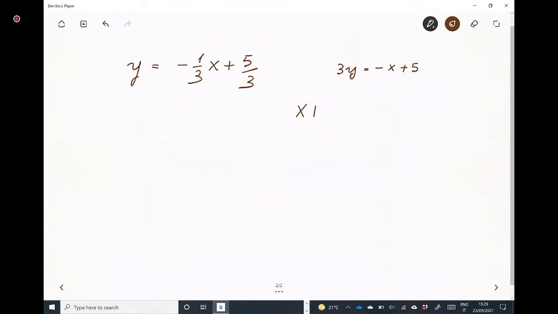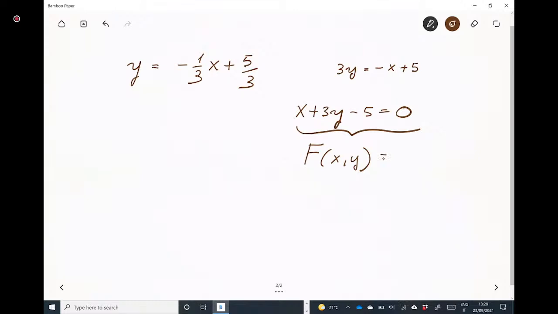Okay, so we have x plus 3y minus 5 equal to 0. Look at this structure. This is something of the type capital F of 2 variables, x, y, which means a function of 2 variables, an expression that depends on 2 variables.